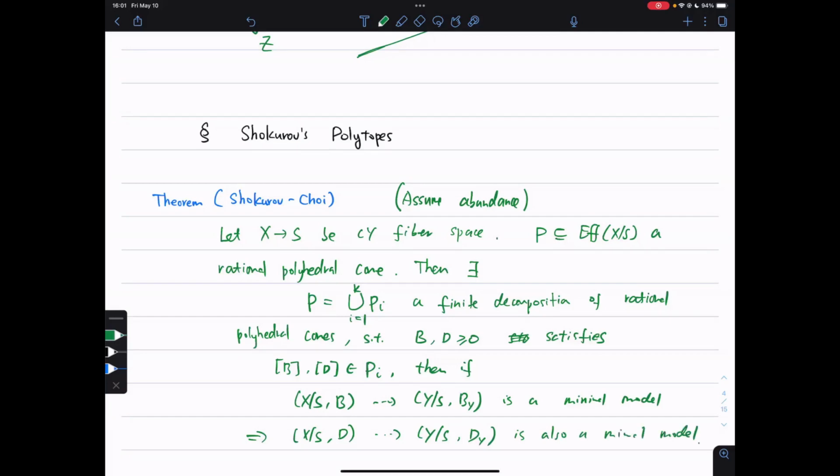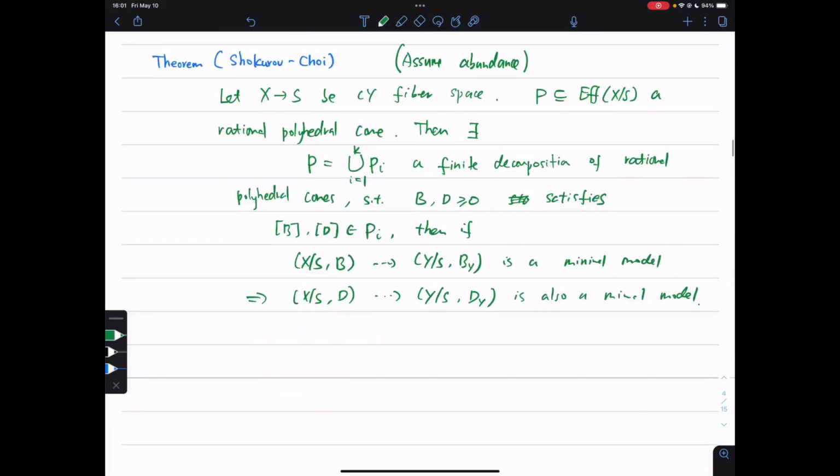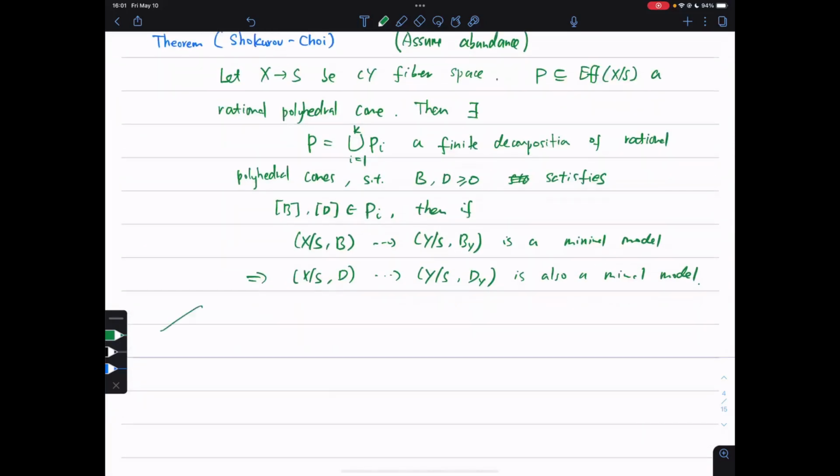So let me explain this. Suppose we have P, the rational polyhedral cone. Then there exists a decomposition of this P into some smaller polyhedral cones.